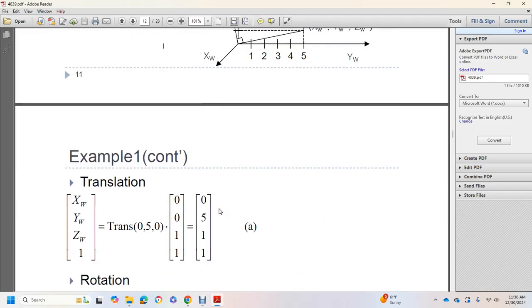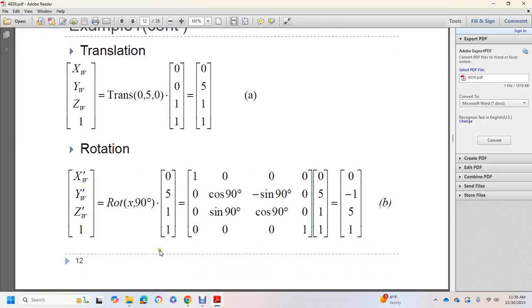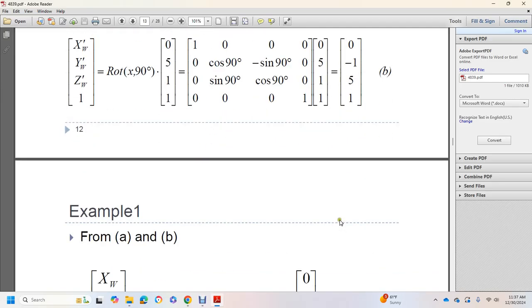So, example: translation, X, Y, and Z world 1, translation 0, 5, 0, 1. And then we have a times matrix 0, 0, 1, 1 equal to 0, 5, 1, 1. Rotation about X by 90 degrees, 0, 5, 1, 1 with the 4 by 4 matrix equals 0, 5, 5, 1, or equal to 0, negative 1, 5, 1.